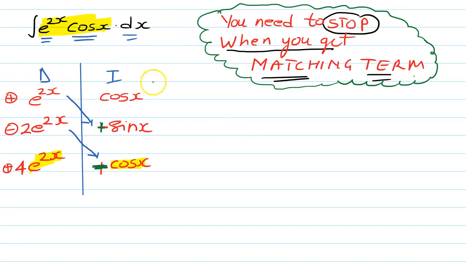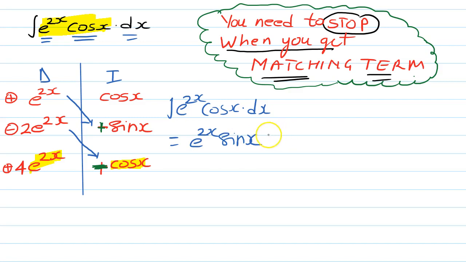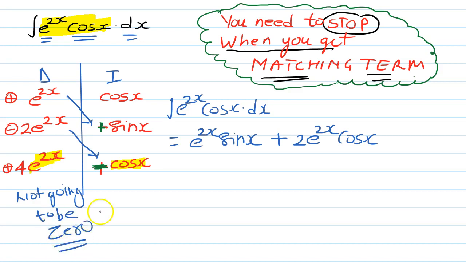So integration of e to the power 2x cos x into dx, we are going to write down, multiply plus and plus, so it will be e to the power 2x sin x, plus, okay, now we are multiplying this minus and minus, so it will be plus, so it will be 2 e to the power 2x and cos x, and after that, because this is not going to be 0, once you get a matching term, you integrate it again.